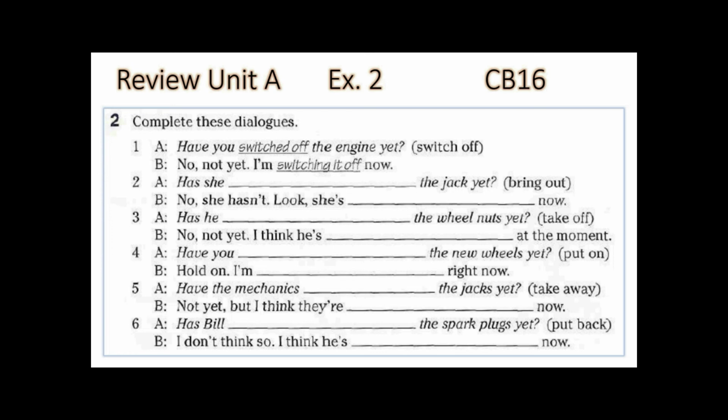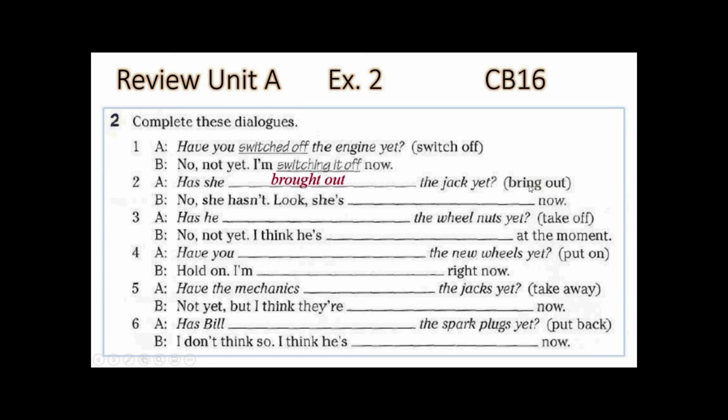Good. Let's check our answers. Number 2. The verb between the brackets is bring out. And here we have: has she, space, the jacket. So this is a question in the present perfect. So we need the past participle of the verb, and the past participle of this verb is brought out.